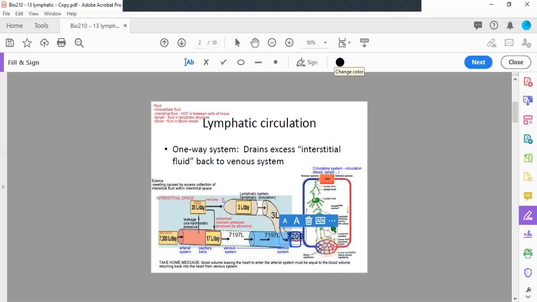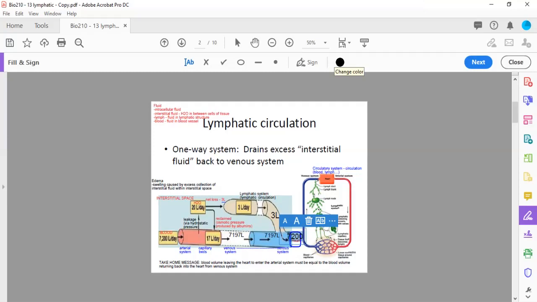Okay, so internal bleeding can be a cause of blood loss, but normally, if there's no bleeding, that means that what leaves the arterial system, typically the same volume goes back into the venous system. Okay. And if you do have some loss of volume, it's not extensive.